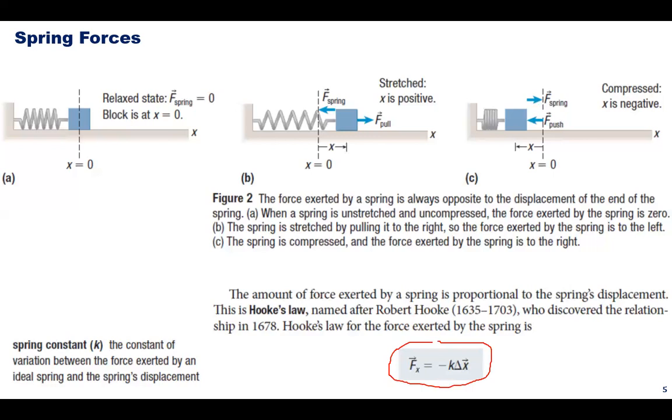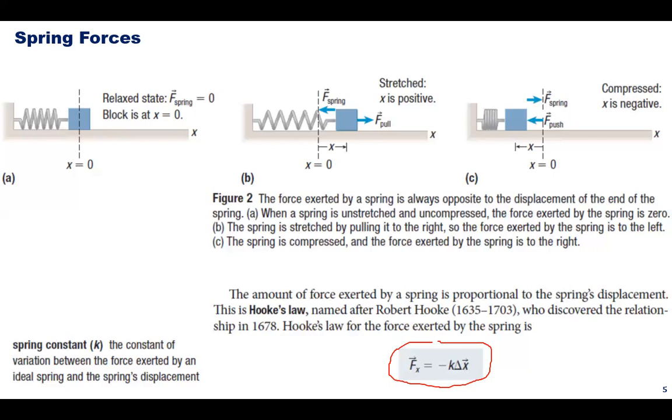The constant of proportionality k is called the spring constant of the spring, and it corresponds to the stiffness of the spring. Springs that are stiff have a larger value for k and require a large force to extend or compress them.